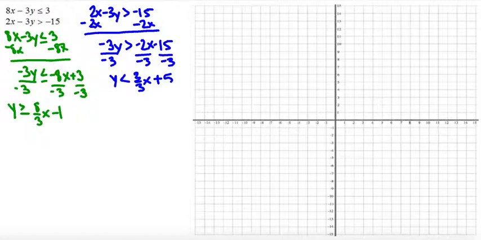Okay, so now I graph my green inequality. So I know that the slope is 8/3 and my y-intercept is negative 1. So when I graph, I start at the negative 1. And then slope tells me to go up 8 to the right 3.